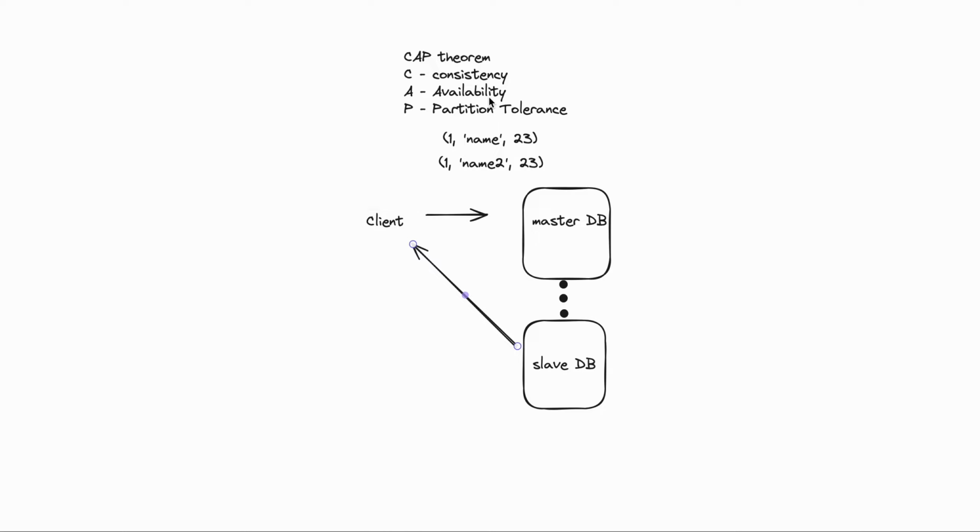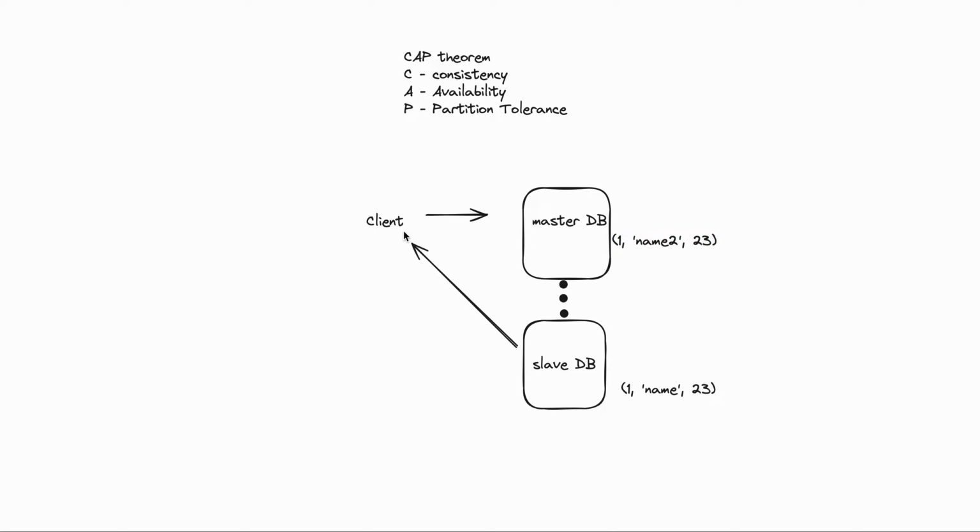So what will happen here? The consistency is affected and the availability is improved. We write the data, update the data, and meanwhile we read the data from the slave. So the problem is here. The update comes in and meanwhile the data is read; it is updated in the master, but it's not reflected in the slave DB. If we read that, we will get this data, not the most recent one.